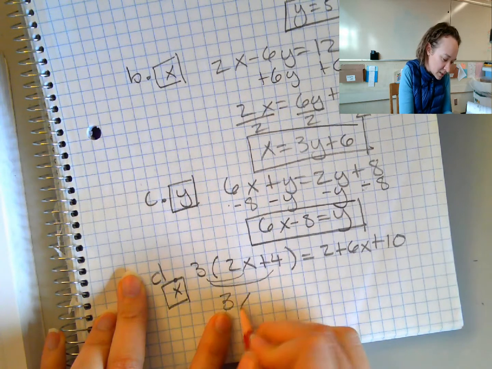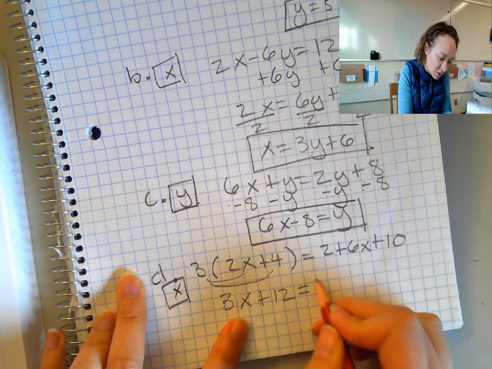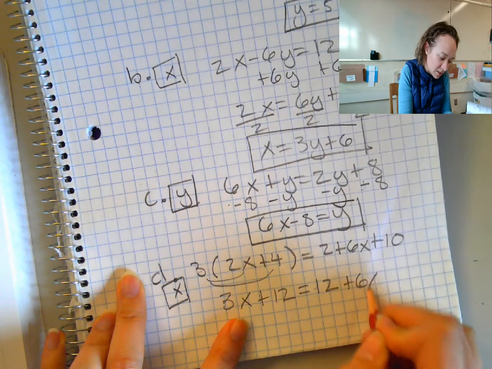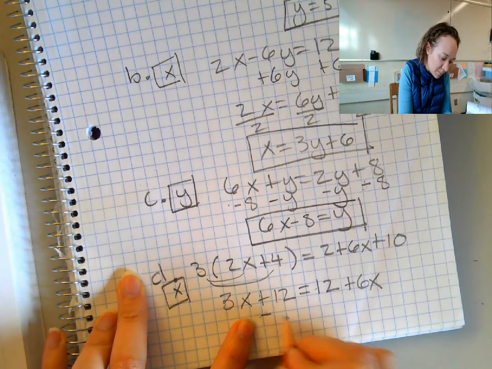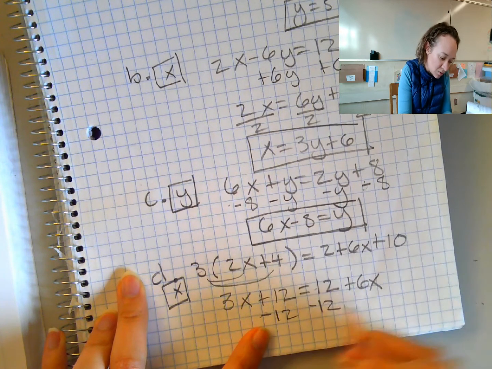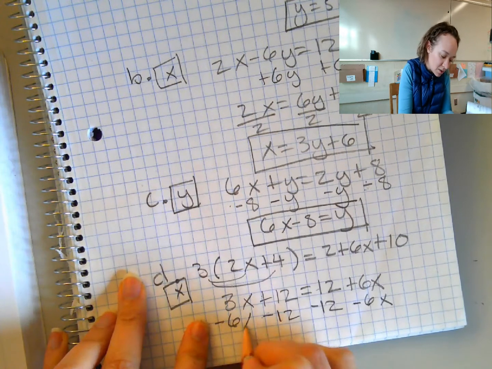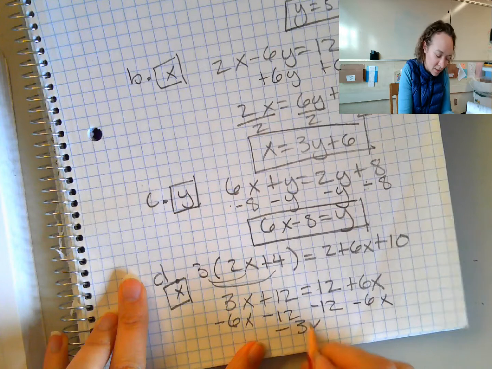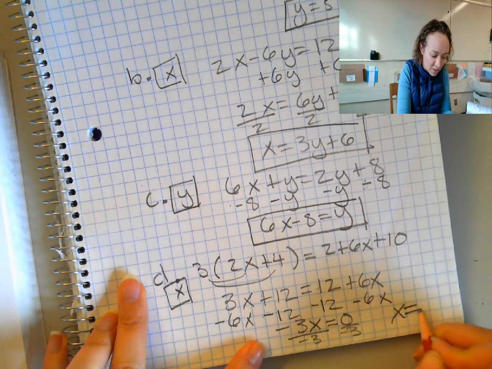So 6x plus 12 equals 10 plus 2 is 12 plus 6x. This is looking very similar on both sides, isn't it? Minus 12 minus 12, and I'll take away a 6x. So now I have negative 3x equals 0, divide by negative 3, and I get x equals 0.